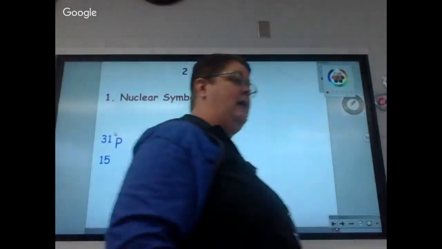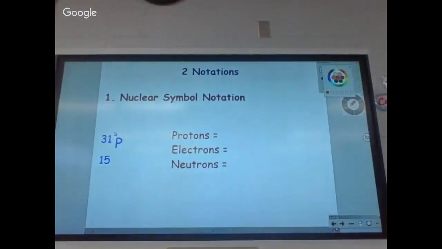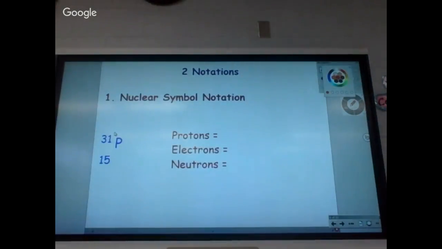Students generally like this notation because both numbers are given. It's not my favorite one to use simply because it's a pain to type. The students like it because both numbers are given to you.